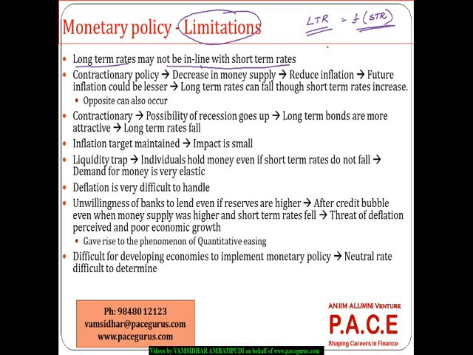Simple. Let's say the central bank has come out with a contractionary monetary policy, so it has reduced the money supply. Because it has reduced the money supply, the interest rates are going to go up, right?